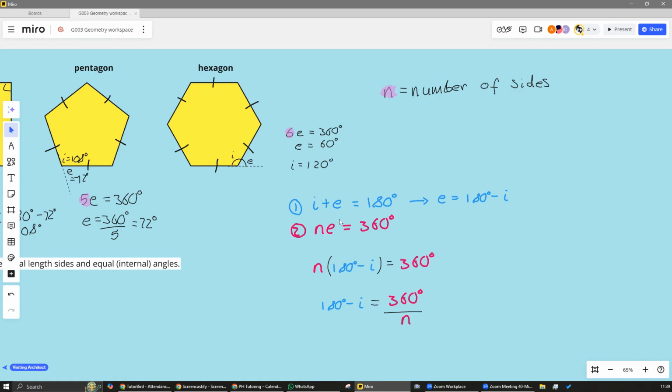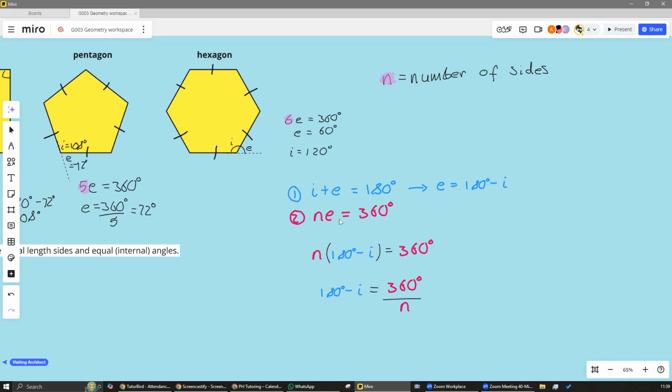Next I'm going to subtract 180 degrees. Now a lot of people make this mistake and they think that when I subtract 180 degrees I end up with I on the left hand side. But I don't. I actually end up with negative I, because essentially what we've got here on the left hand side is 180 plus negative I, in a way.